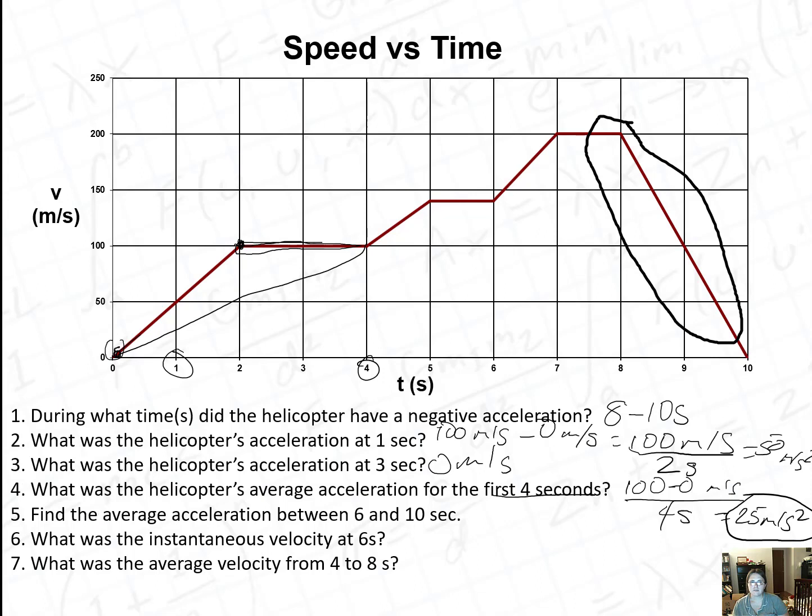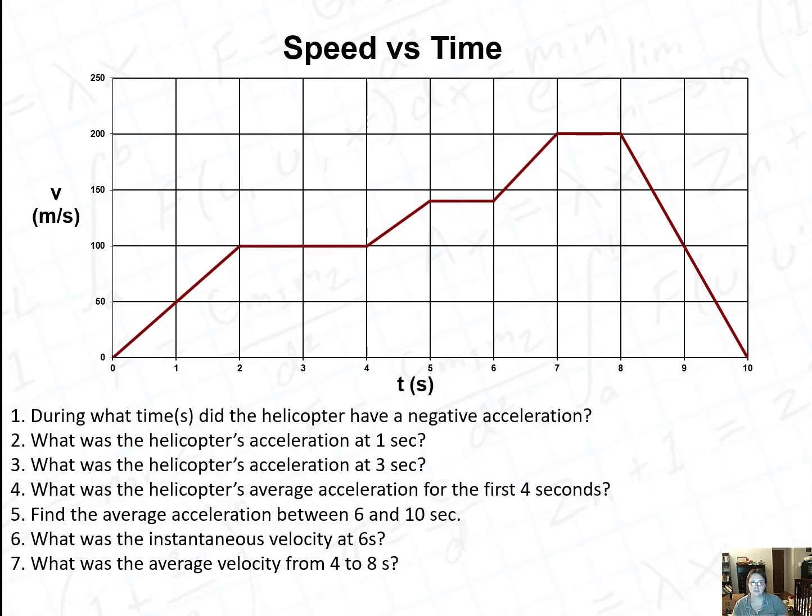And then, I'm just going to clear this up. It says find the average acceleration between 6 and 10 seconds. So to do that, again, you're just going to take the slope, and it's going to be final, this is 0, minus the initial, which is, let's say, 140 meters per second.